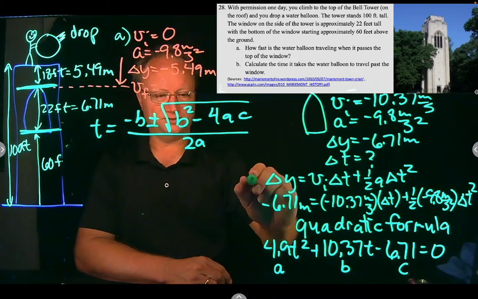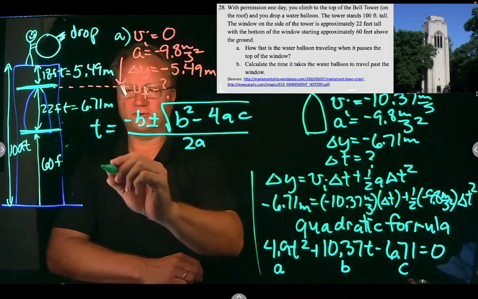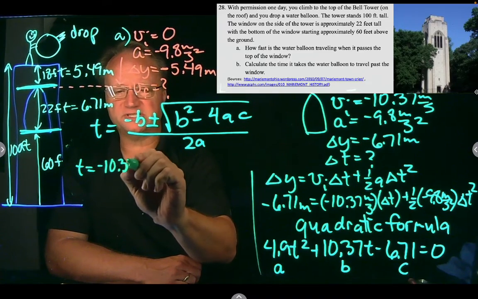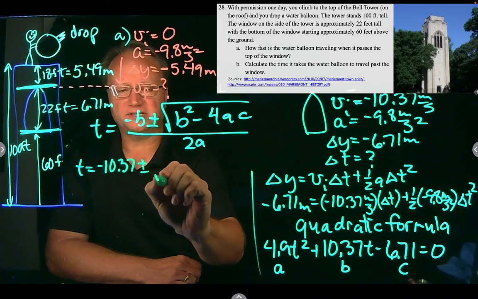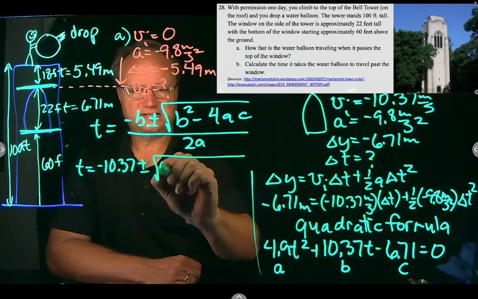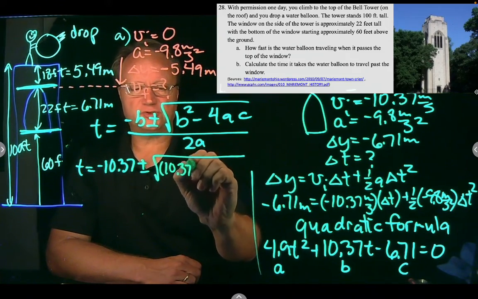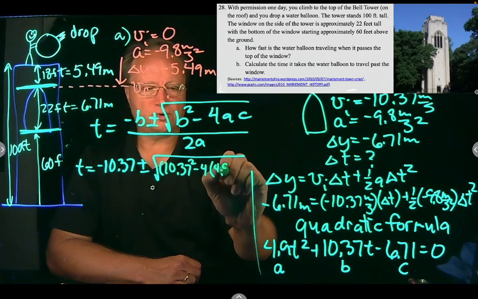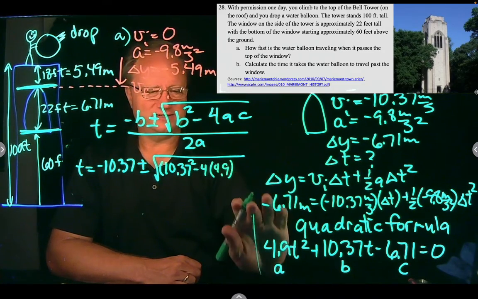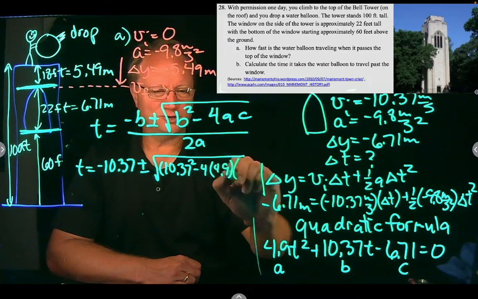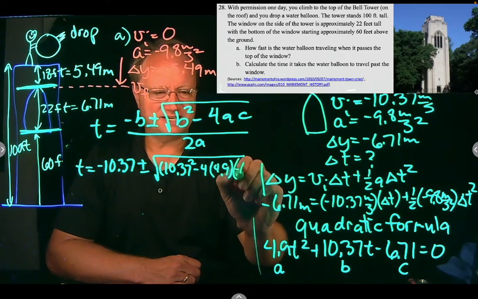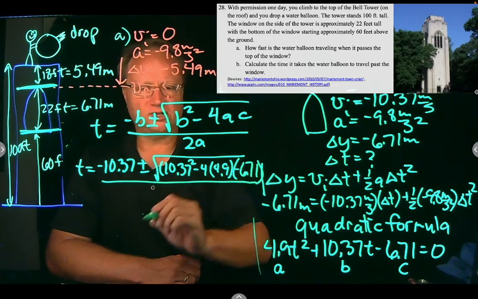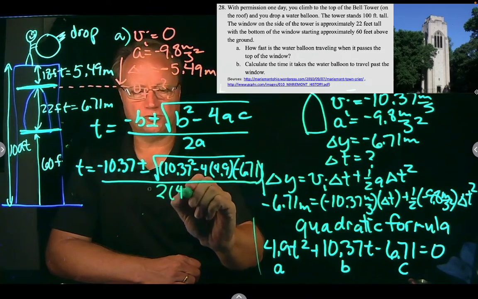Plugging into the quadratic formula. So this is going to be negative 10.37 plus or minus the square root of 10.37 squared minus 4 times 4.9 times negative 6.71, all over 2 times 4.9.